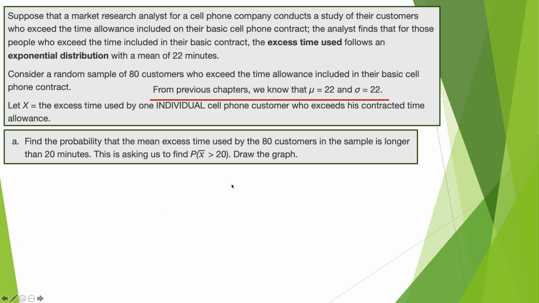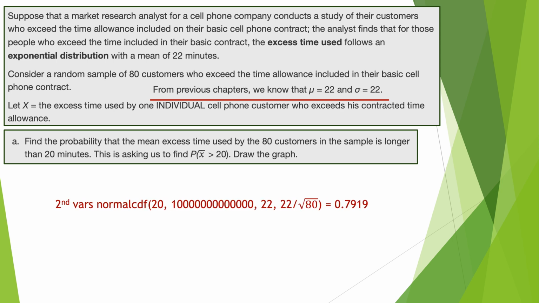So that means I'm going to go 20 minutes or more. So this is asking us to find the probability that the mean is greater than 20. You don't need to draw the graph if you do it on the calculator. Go ahead. Okay, so we go to second vars.